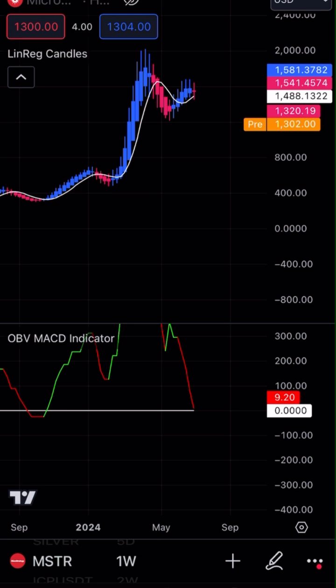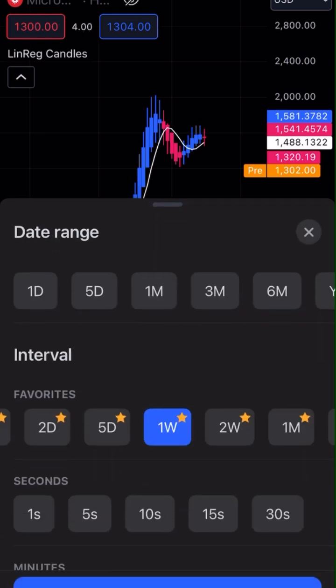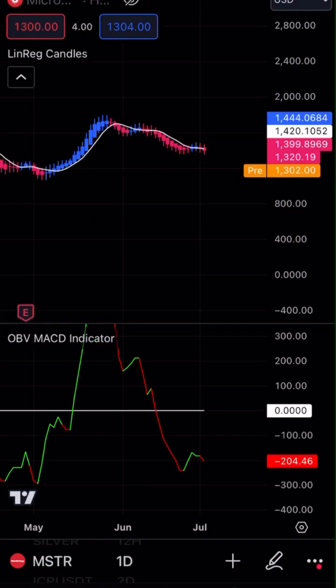Right now we're looking at MicroStrategy, and it looks like it's about to go down, so you can't really focus on moments of it going down. You can only focus on moments of it going up.